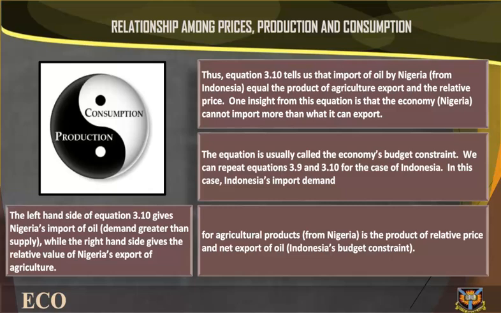One insight from this equation is that the economy in Nigeria cannot import more than what it can export. The equation is usually called the economy's budget constraint. We can repeat equations 3.9 and 3.10 for the case of Indonesia. In this case, Indonesia's import demand for agricultural products from Nigeria is the product of relative price and net export of oil, Indonesia's budget constraint.